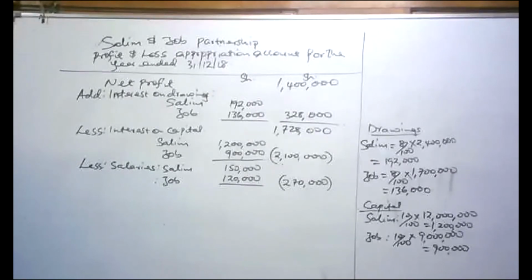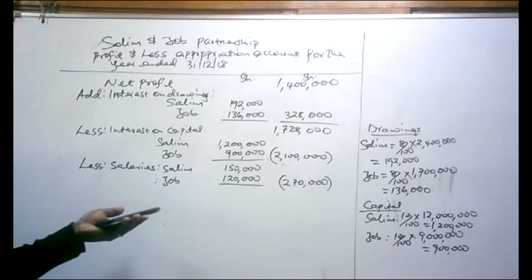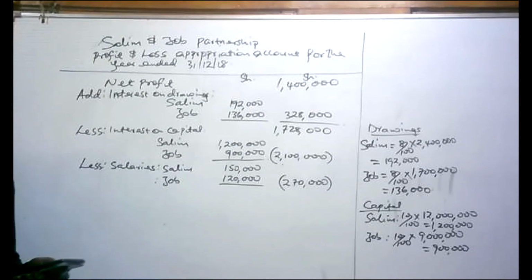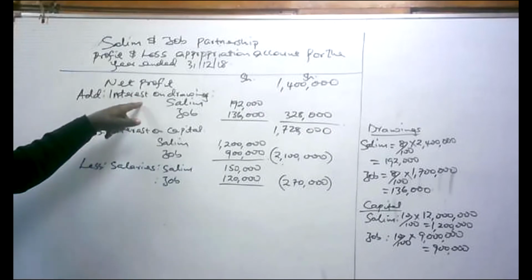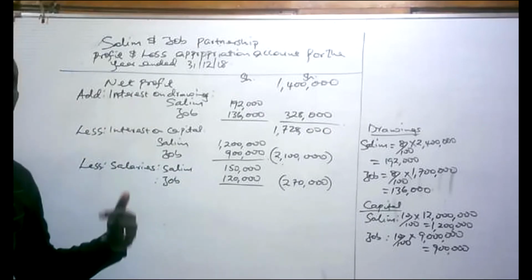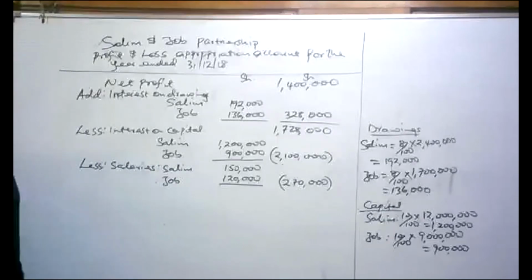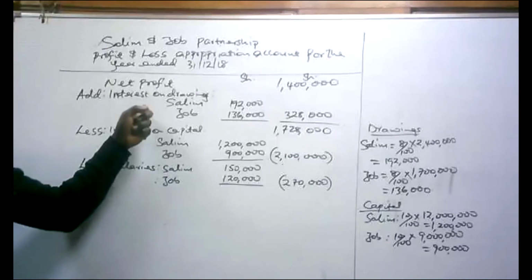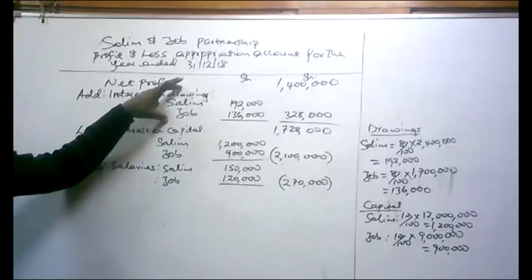Loan taken by each partner during the year was Salim 400,000 and Job 1 million. No interest on loan was to be charged. If it had attracted interest, we would have added the interest on loan here, because it would have been an income to the business. But now, if there is no interest on loan, we cannot put the loan principal amount here.